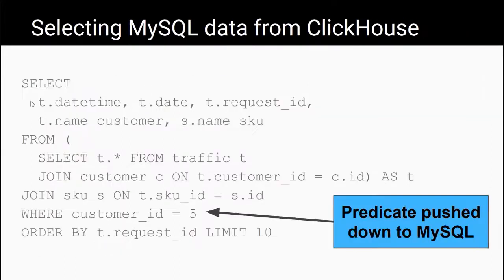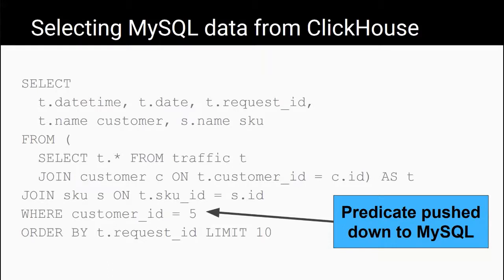Another thing you can do is select MySQL data from ClickHouse. This is a query which was run from ClickHouse, and for those of you who are familiar with ClickHouse, this syntax will look fairly familiar. Basically, we're joining a couple of tables, and ClickHouse is actually going to go out and run those queries.